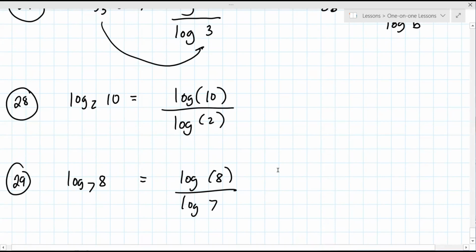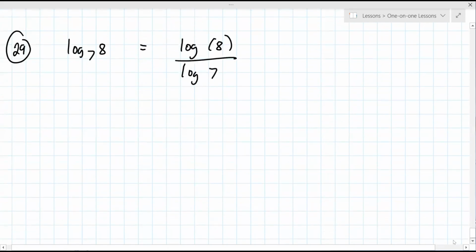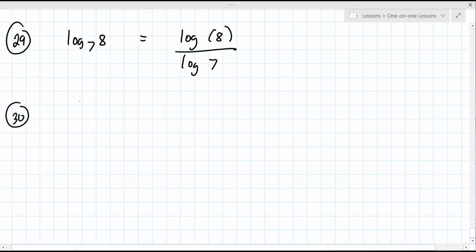And then 30: log base 4 of 9 equals log of 9 over log of 4.